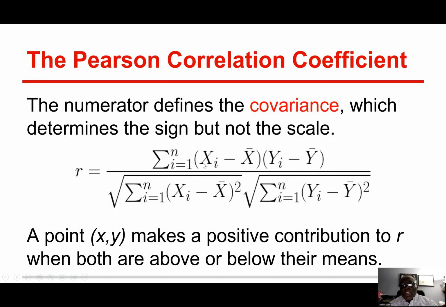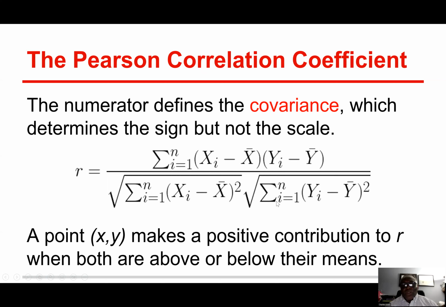So this means we have to find X1 minus the mean times Y1 minus the mean, plus X2 minus the mean times Y2 minus the Y mean, and then again, plus X3 minus X mean times Y3 minus Y mean. So that is the summation where the size of the sample is n.